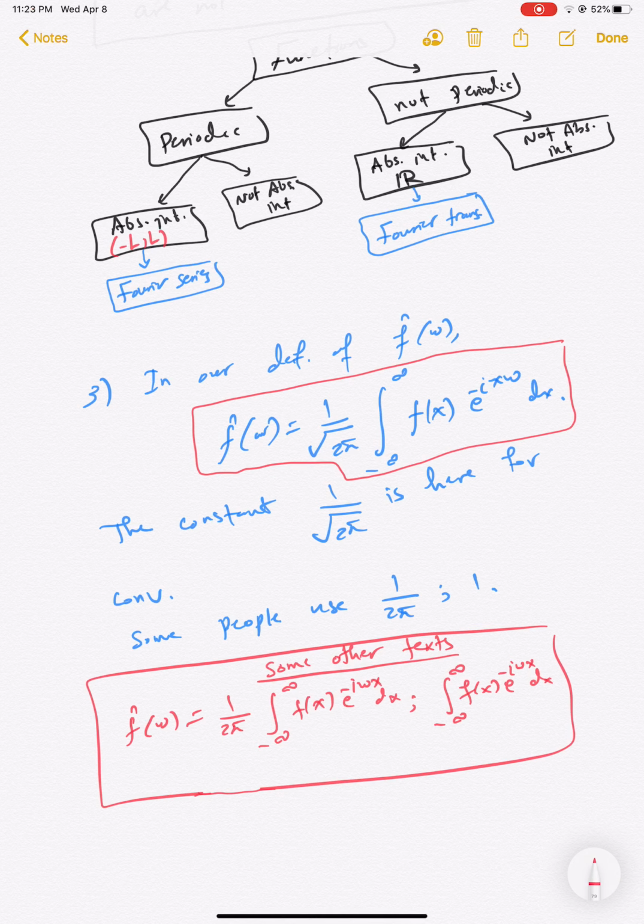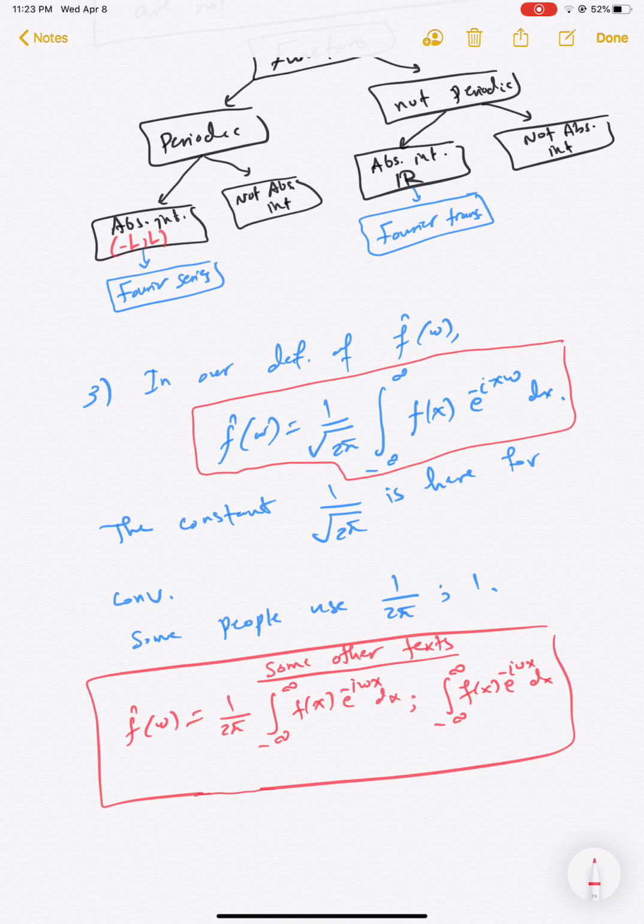So please, if you go to other courses in this semester or other semesters, and you see another definition of the Fourier transform without the 1 over root 2 pi, don't be scared. They are the same, they play the same role, but you will have very small differences between one formula and another. I hope I will remember to remind you on certain occasions: we will have certain formulas where I can tell you, look, if you use the root 2 pi, this is what you have, but if you use the other definition with 1 over 2 pi, you will have a different form, and so on.